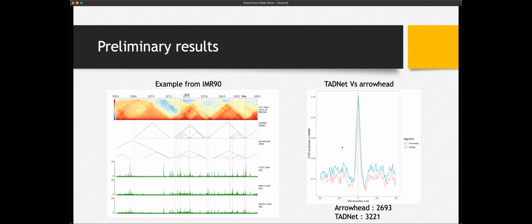On the right, you can see what we used for evaluation of our algorithm, where we looked at the CTCF enrichment at the boundaries. You can see that we reach a pretty similar score to the Arrowhead algorithm. The difference is that we also do super resolution from the 25 kb dataset.